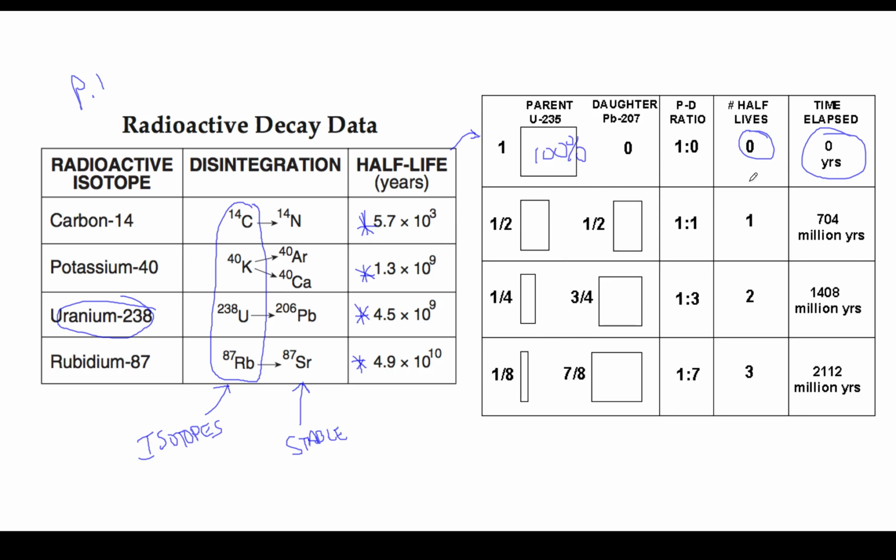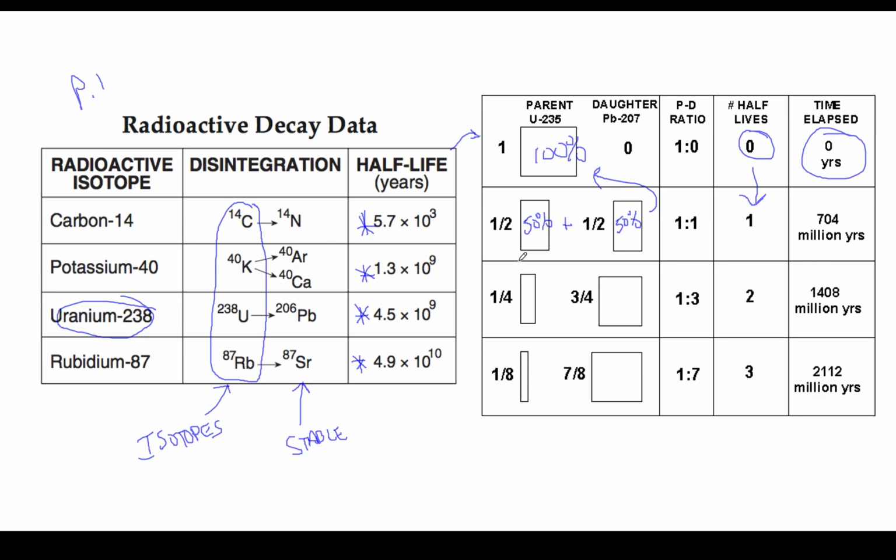After 1 half-life, okay, so 1 half-life means half of it decays. We have 50% of the parent that is an isotope and radioactive, and therefore we have 50% stable. Remember that the sum of these two always equals your original amount. 50% plus 50% must equal 100.